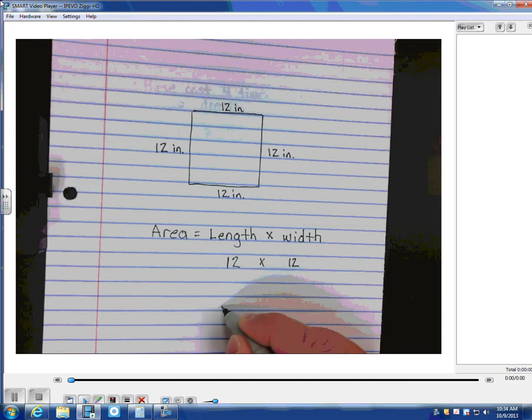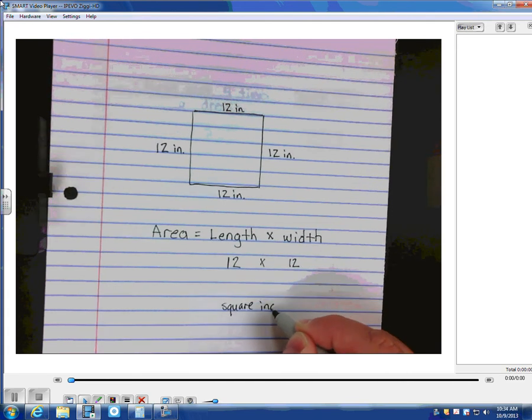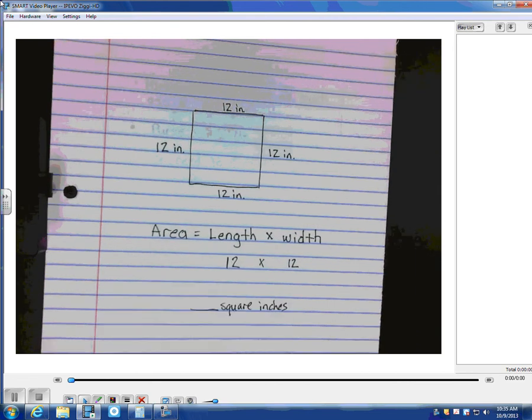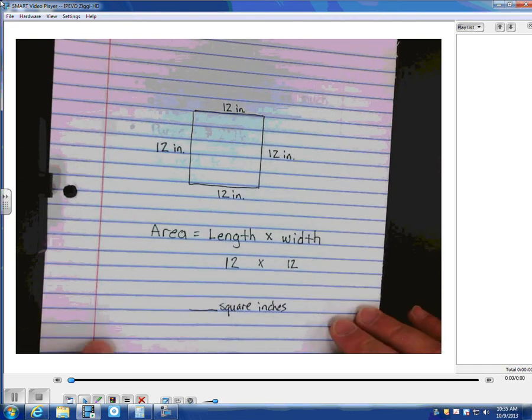So your label should read whatever the answer is, square inches. There's a couple different ways you can write it. You'll have your answer, whatever it is, square inches, or you could say inches squared. All right? So that's number 18. And again, show your work when you're doing these problems.